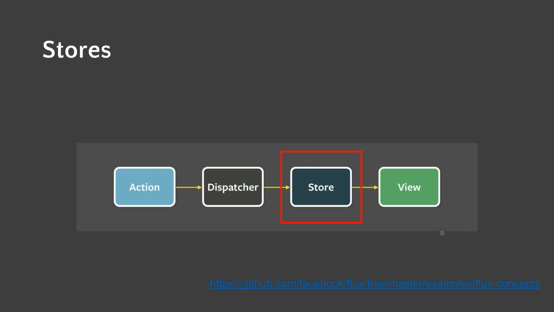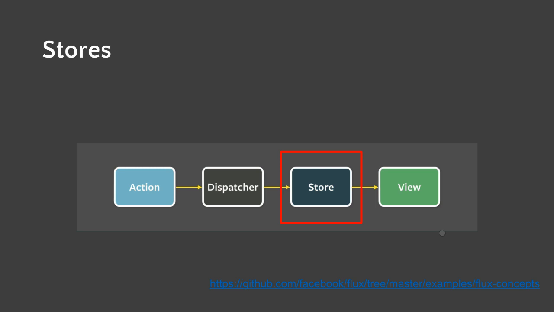So the difference between a model in an MVC or similar structure and Flux stores is that the store manages a particular domain of an application, while the model in the MVC pattern usually tries to model single objects.